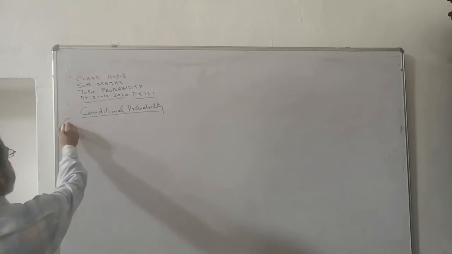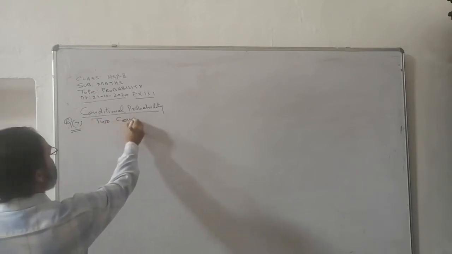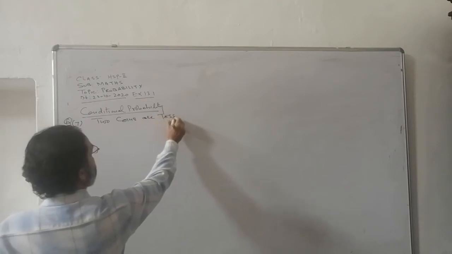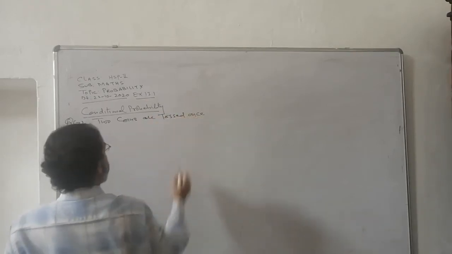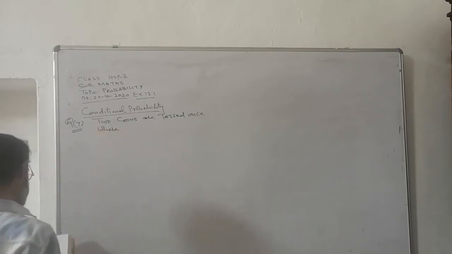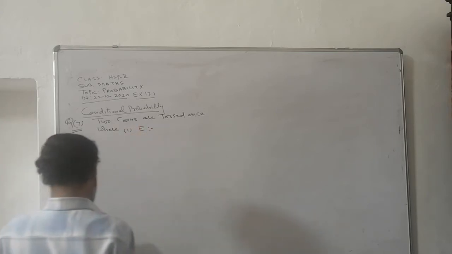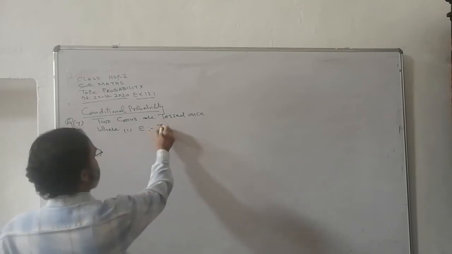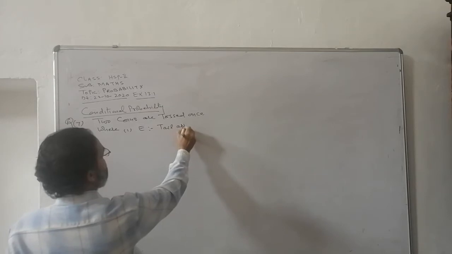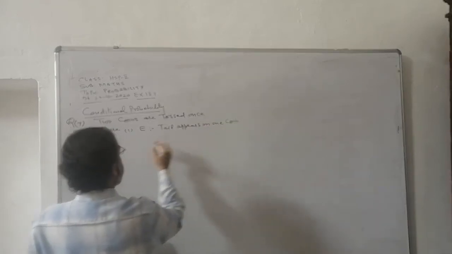So I am writing question number 7. The question says two coins are tossed once. In part first, E is the event that tail appears on one coin.